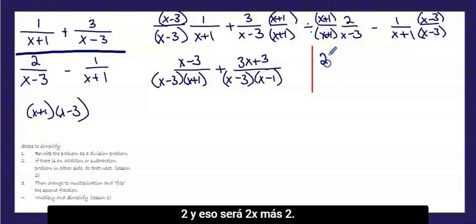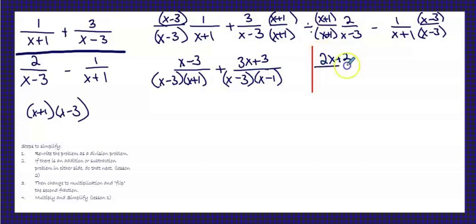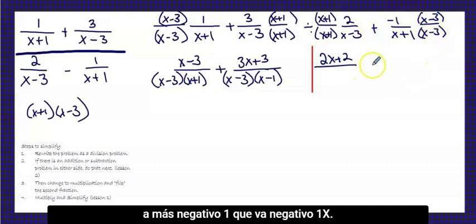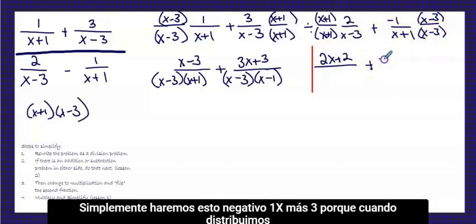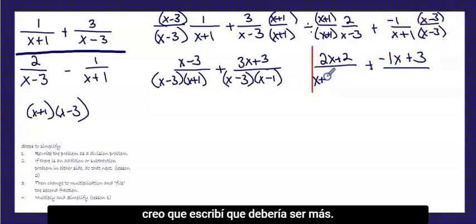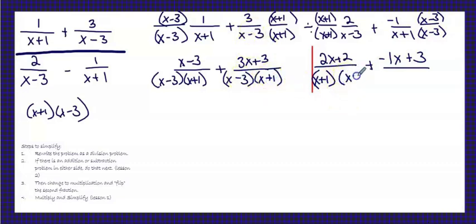That's going to be 2x plus 2. And then this one, we're going to change this to plus negative 1. This is going to be negative 1x, negative 1x plus 3, because when we distribute that negative 1 in, we get a plus 3. And I think I wrote that wrong, that should be a plus.